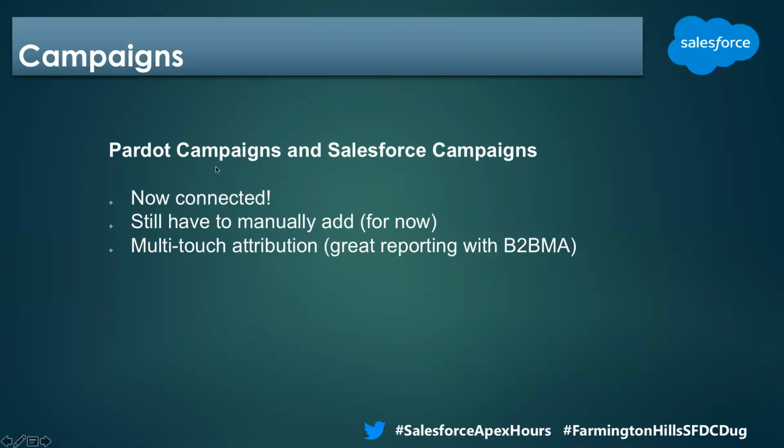Whereas with Salesforce campaigns, you have to use a completion action or a rule to add the prospect to that campaign. So it's an extra step that you have to build. I've put "for now" in brackets because we're all hoping that this automatic association will be released soon, and that is something that Pardot are working on. So watch this space.